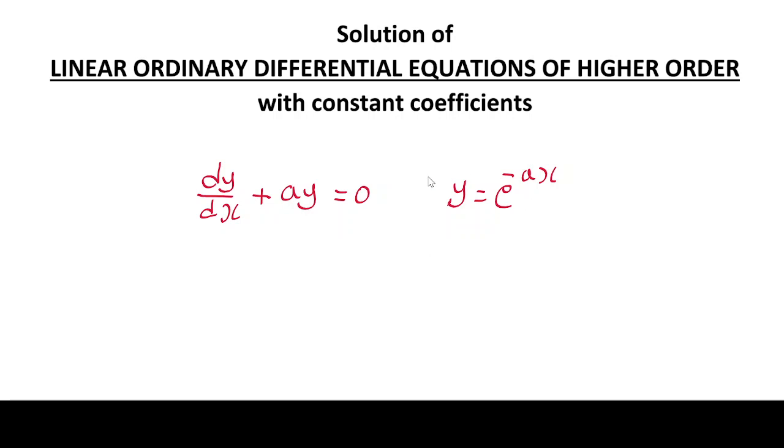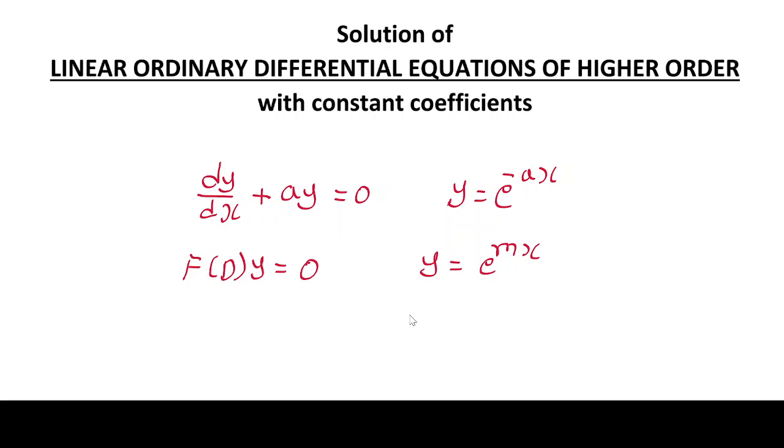With this, we'll go with the assumption, in general, for a differential equation f of D into y is equal to 0, the homogeneous part we are considering. For this differential equation, suppose y is equal to e power mx is a solution.